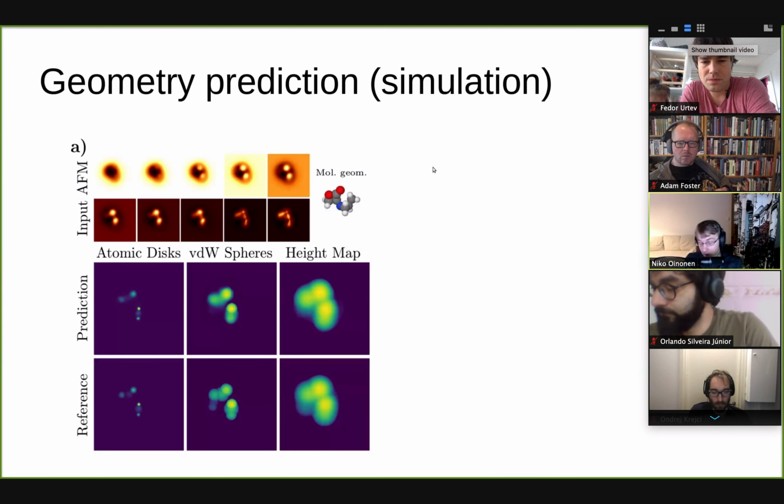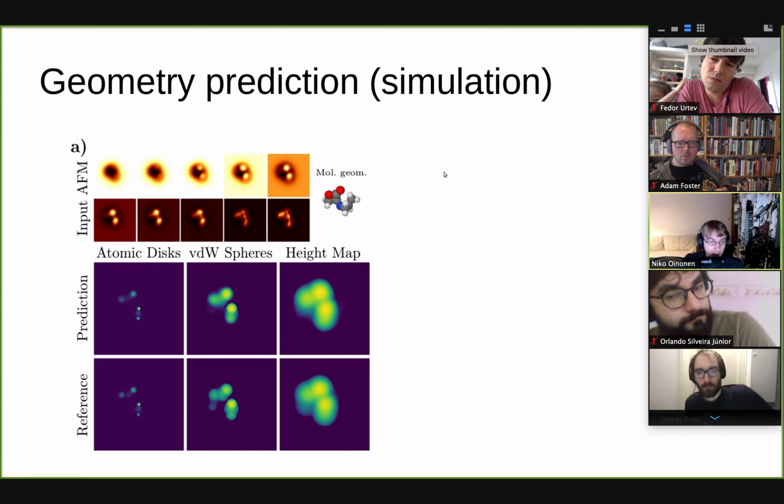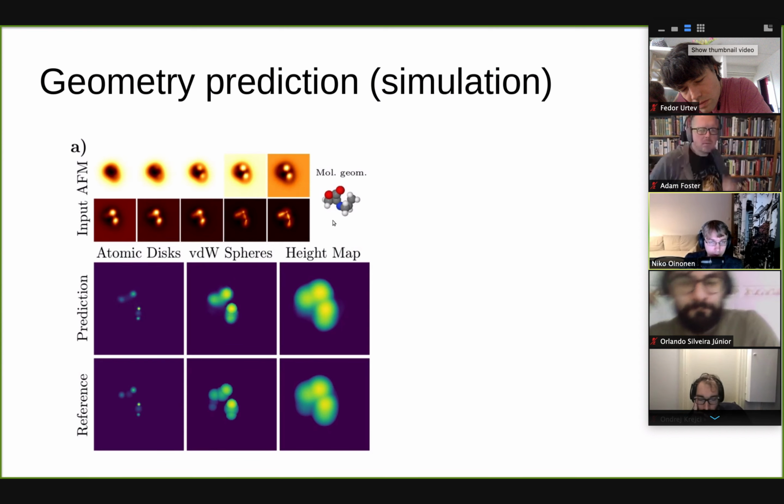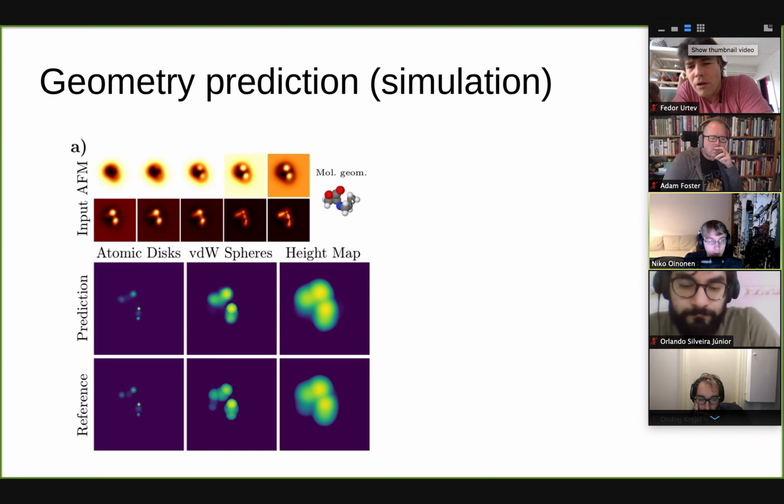Then finally going to the results. First, the geometry predictions using the first of the two models that I just introduced. We train the models on simulations again, and here we are also testing first on simulations. So here's an example of a particular molecule taken from the test set.